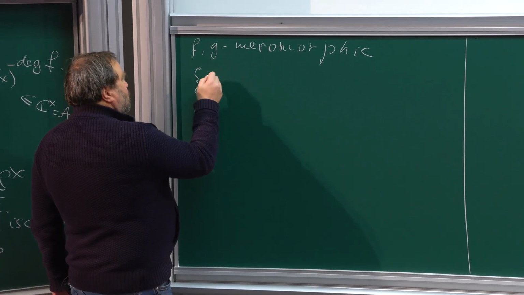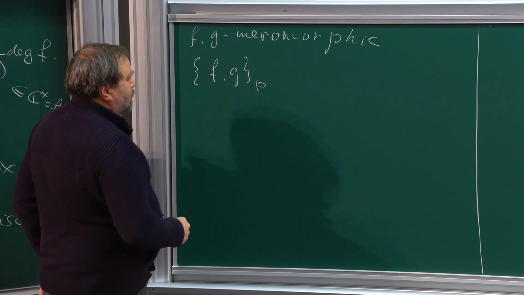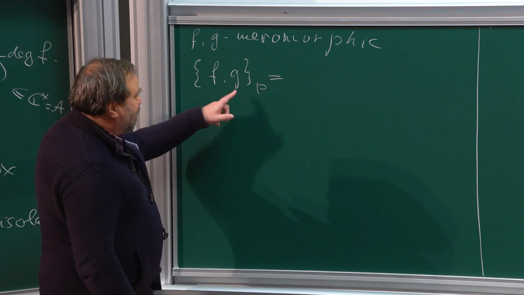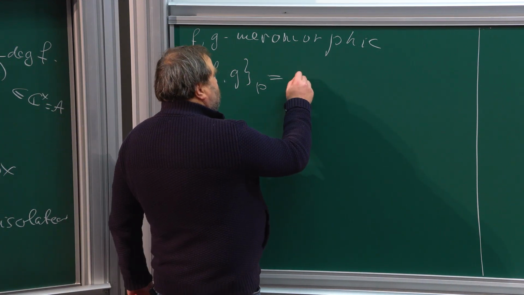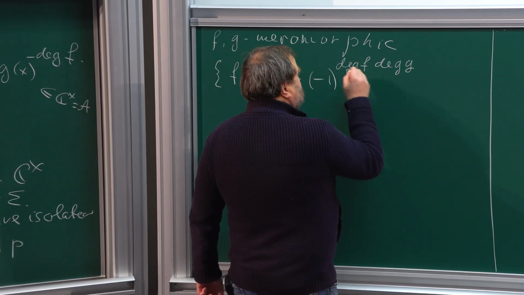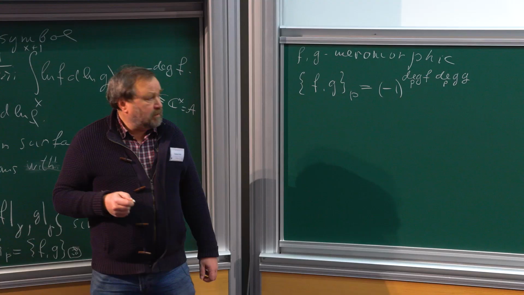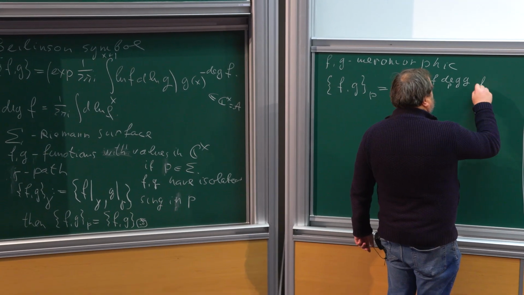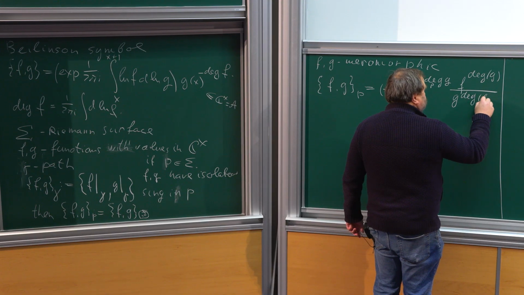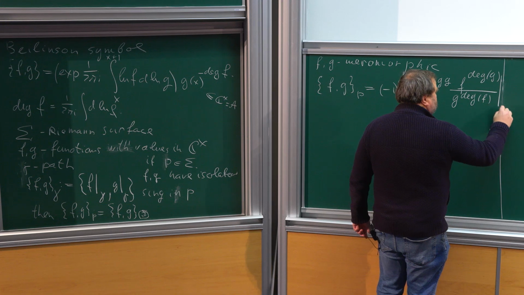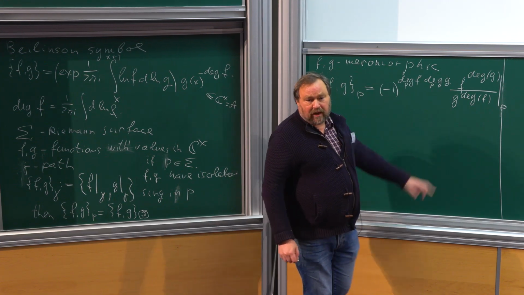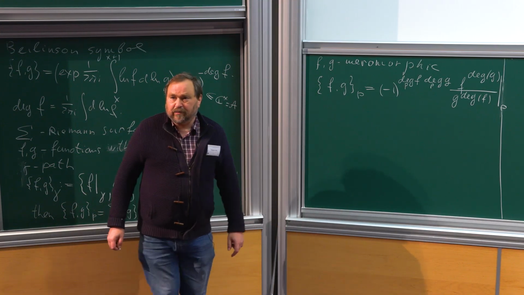Then {F, G}_P is equal to, as a simple exercise, (-1) to the power degree of F times degree of G, where degree is the order of the pole, or 0, times F to the power degree of G divided by G to the power degree of F, all computed at the point P. This ratio has degree 0, so it is a function with neither pole nor zero, and you can restrict it to this point and compute the value.